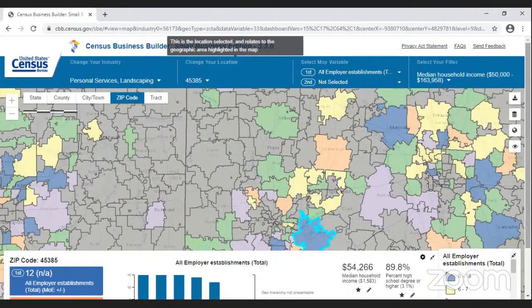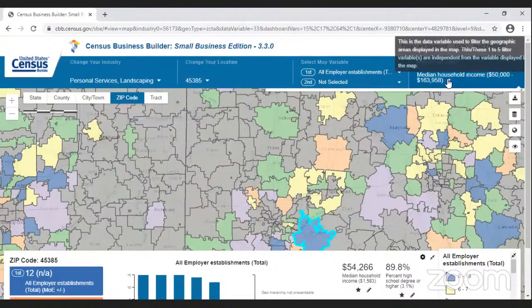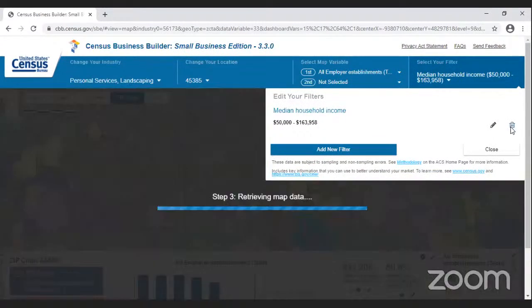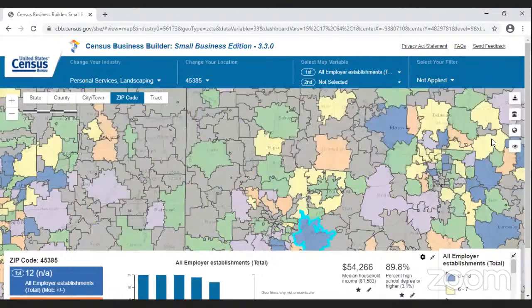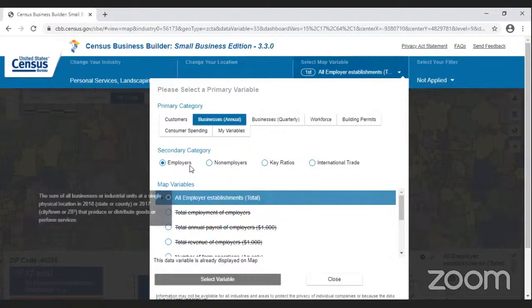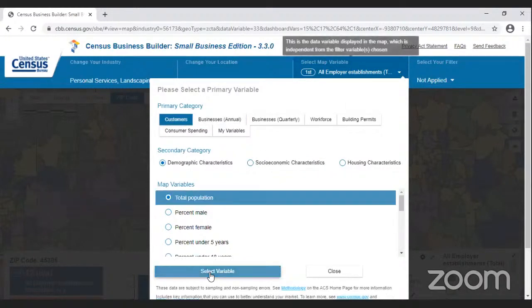One last thing I want to show you is you can also go down. I'm going to take this filter off. So I took the filter off, and I'm going to go back to customers and look at total population again.